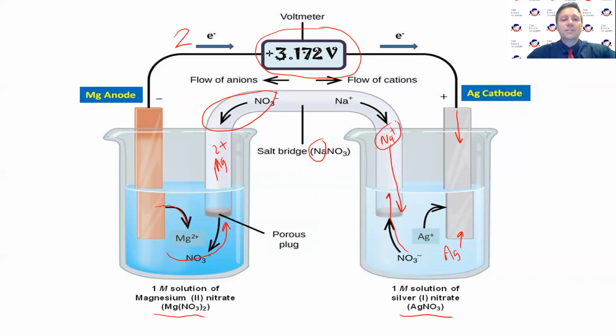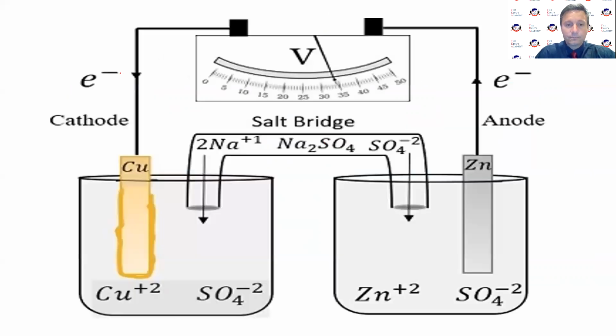That will help this to continue until this magnesium anode is gone. When it's gone, the reaction is over. Here is another look at the same reactions we've talked about, just another view of it. And ladies and gentlemen, that is it on this particular lesson.